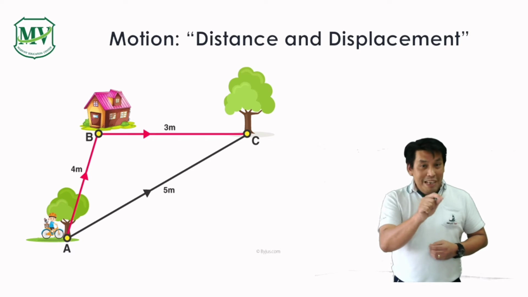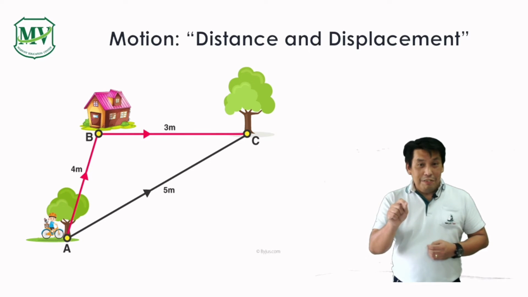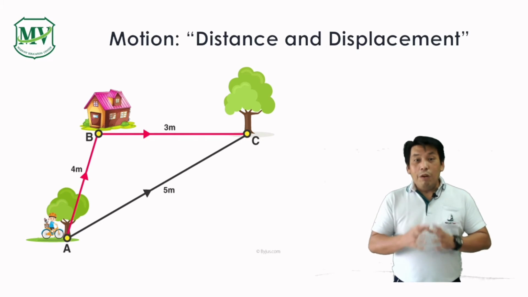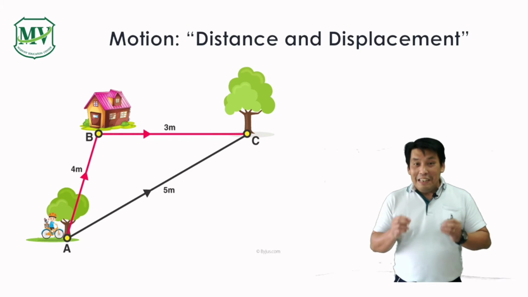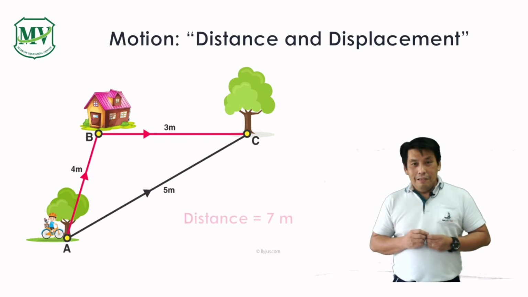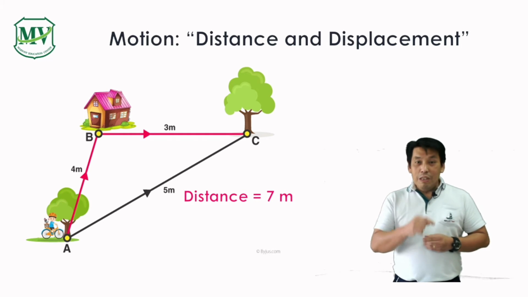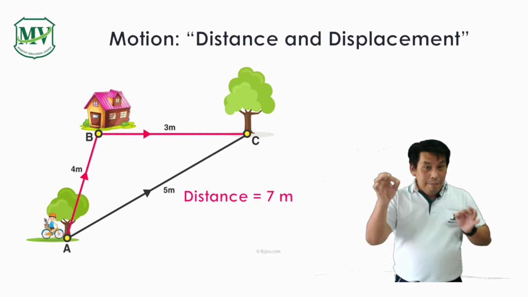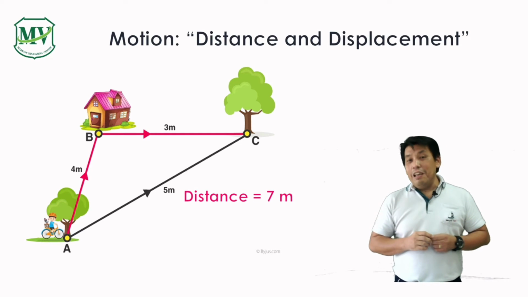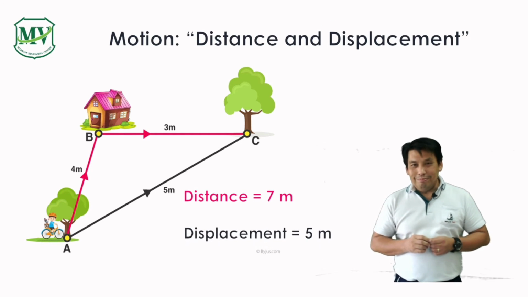From point B to point C, the distance is 3 meters. The total distance traveled by the boy is 7 meters. Displacement, however, between point A and point C, which is indicated by the black line, is 5 meters.